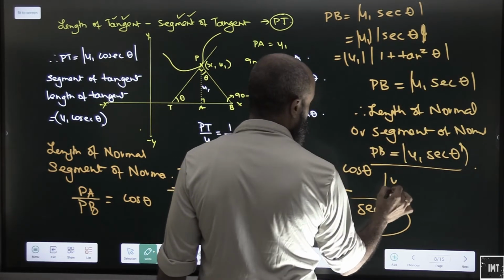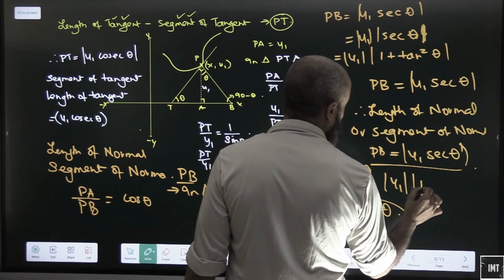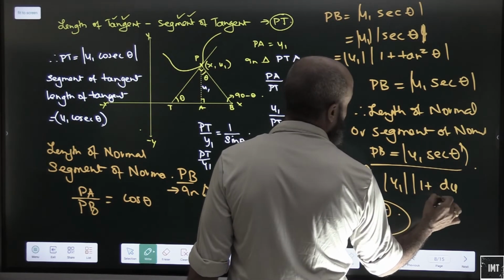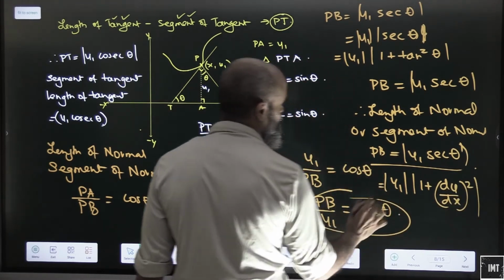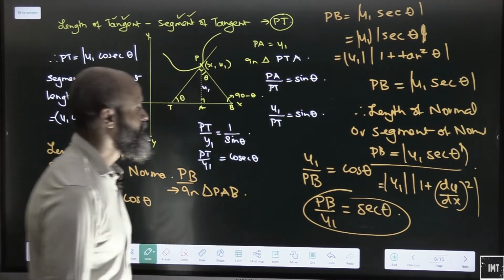So this will be y1 into the square root of 1 plus dy by dx square. This is the other way of writing it.